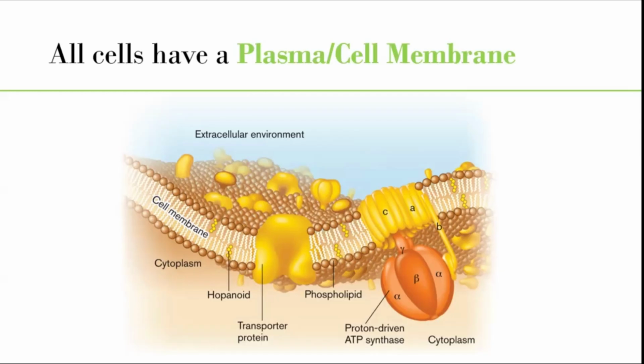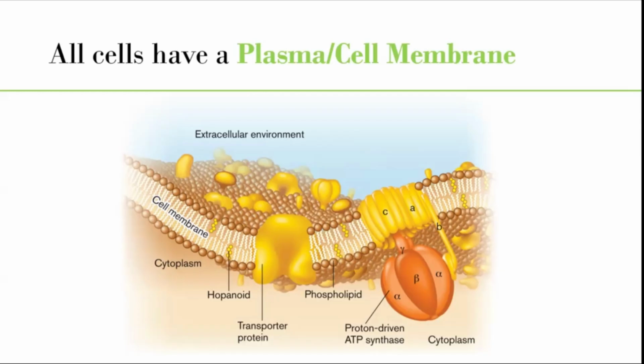So if a phospholipid is randomly floating around in the solution of the cell, it is not going to want to stay like this. It's going to want to get this hydrophobic portion covered up and away from the water as quickly as possible.